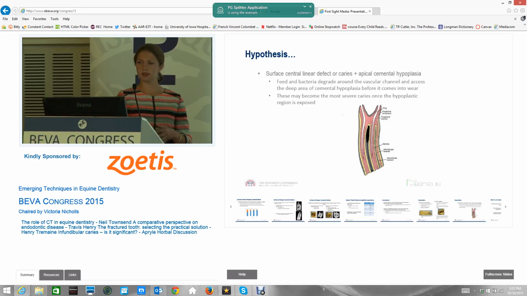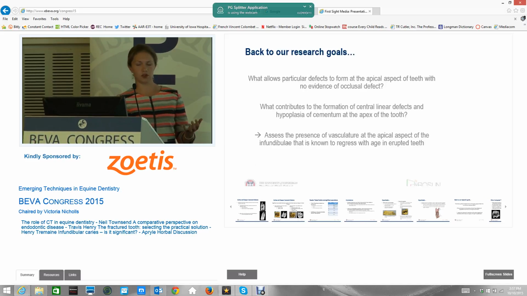As far as further research and moving further into research and understanding why these defects occur at the apical aspect of the tooth, it really brings us to assessing the vasculature at the apical aspect of the tooth, especially in erupted teeth, because the current research only deals with unerupted teeth. So we need to understand how that vasculature works once the tooth has erupted.